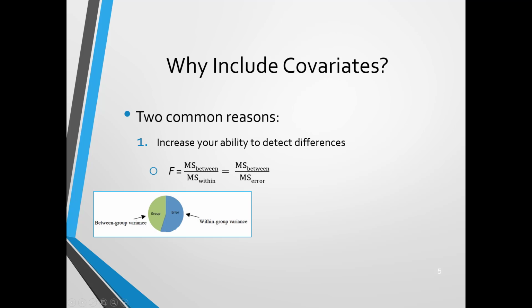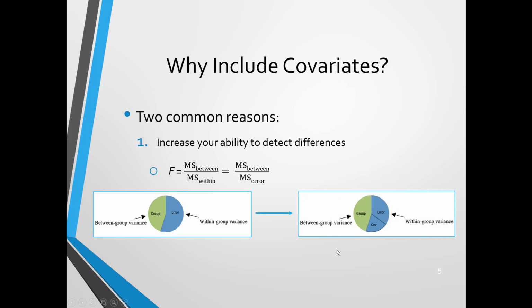Now, if you account for the covariate and then take that out of what's in the denominator, then you would get this. So now if you were to calculate this ratio of MS between and MS error, then you would be taking a ratio between what's under group here, so the green stuff, over what's in this section, error.